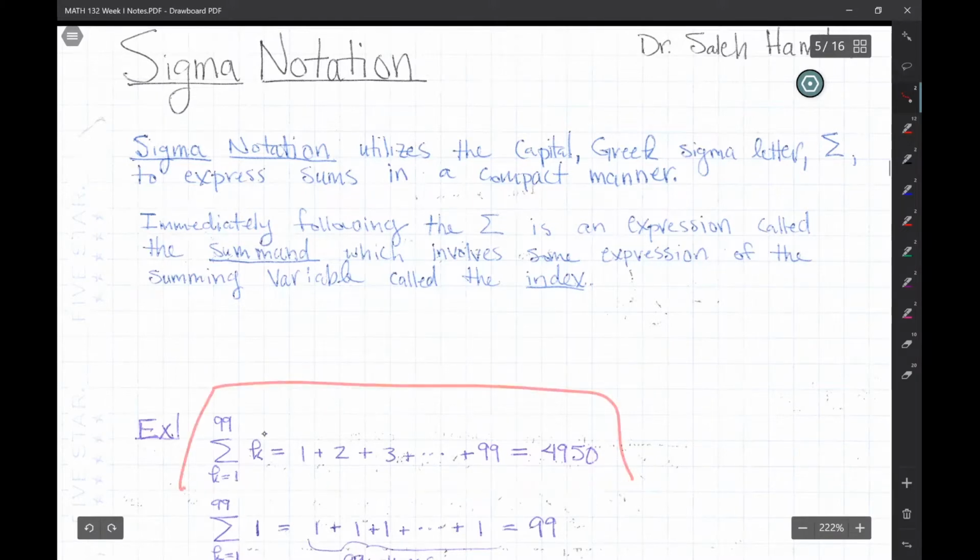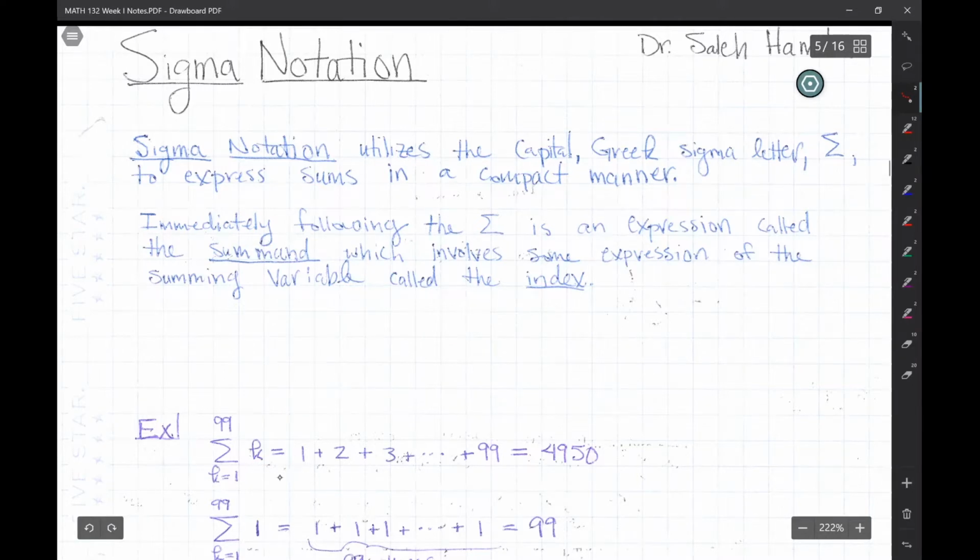Now, what's to the right of this sigma is called the summand, and what we're summing through is called the index. So this has a lower limit of 1 and an upper limit of 99, and we're summing this expression. What does that mean? Well, as we go from k equals 1 to 99, we add k, depending on which k we're at as we're increasing.